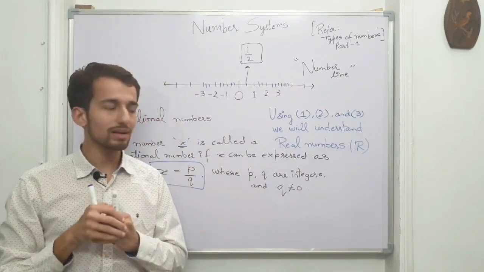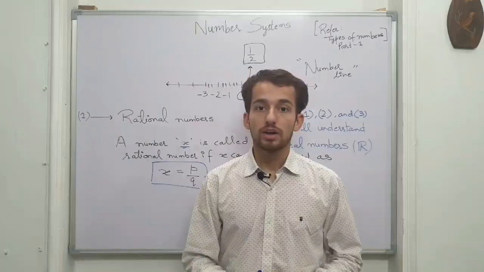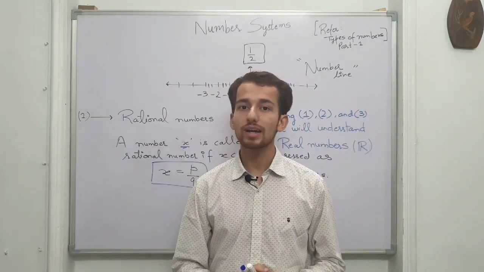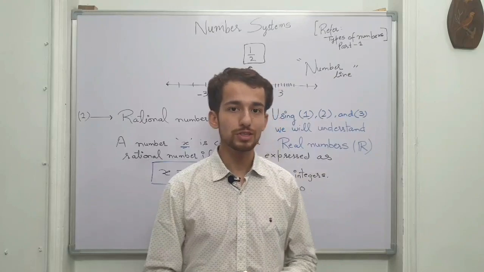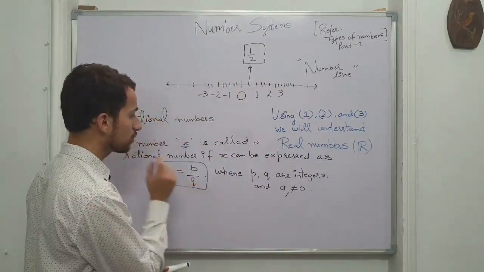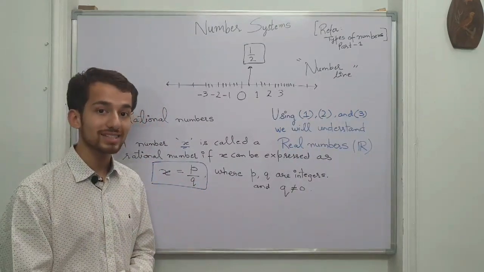So p and q can be any of the integers which we have already studied, provided q cannot be 0. You cannot take q equal to 0. These are the conditions which p and q have to satisfy. Such numbers are called rational numbers.